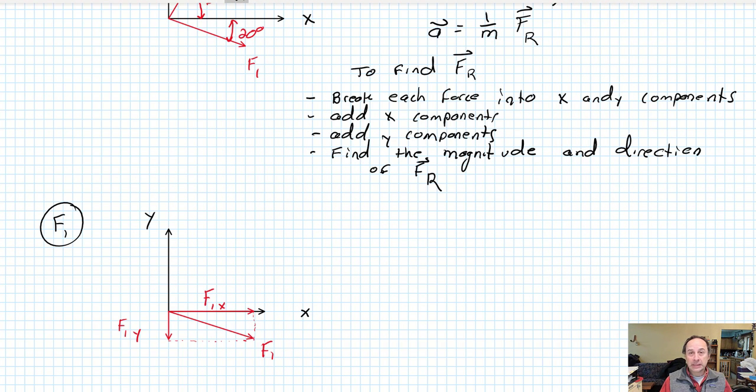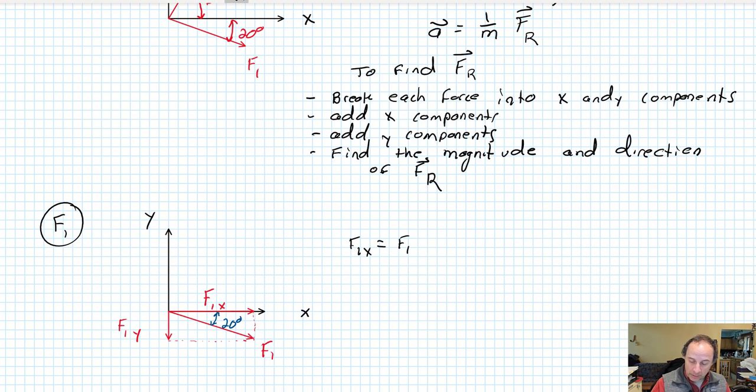Okay, now we've just gone back to vectors and finding components of vectors. So the component of force 1 in the x direction is F1, and this angle right here from our problem setup is 20 degrees.